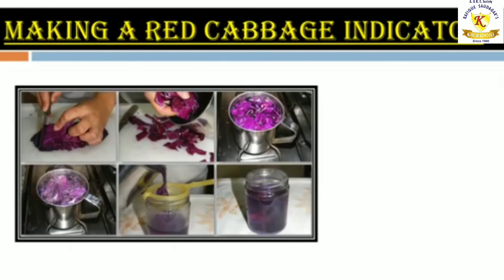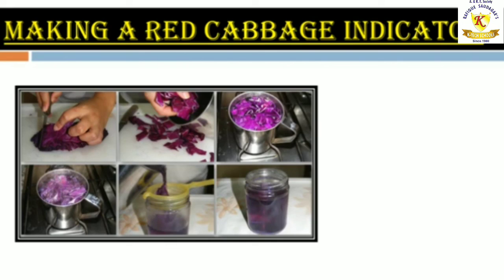Now we can also prepare natural indicators from red cabbage. So here what we need to do is first cut the red cabbage into small pieces, put the leaves in water and heat it for a while.